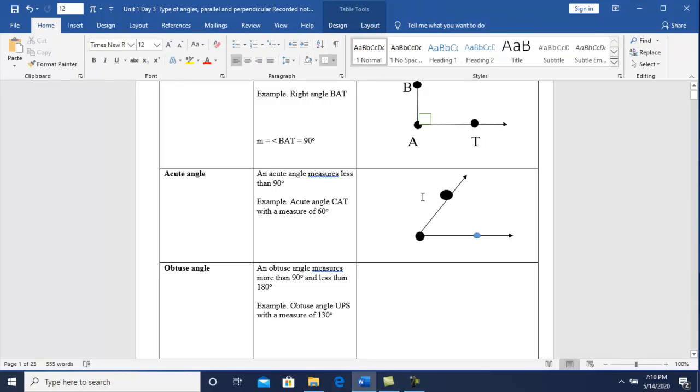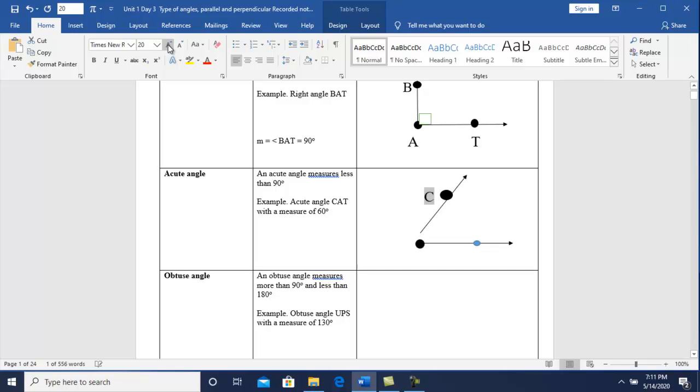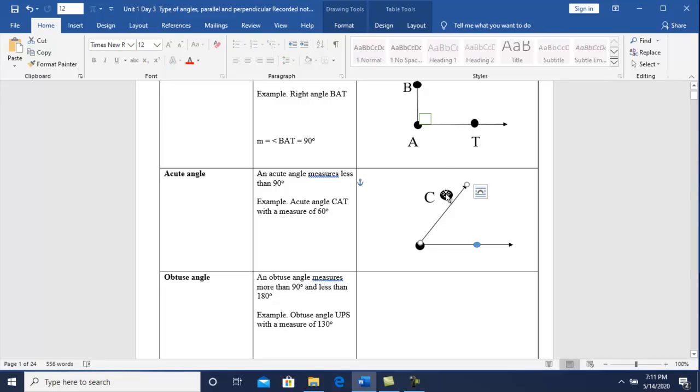So let's put the letters here. This is going to be C, and we'll make that a little bigger so you can see it.